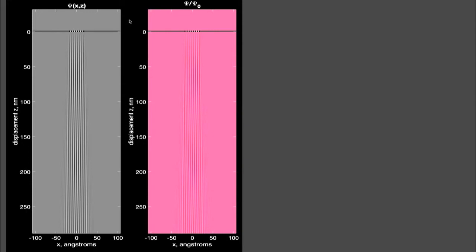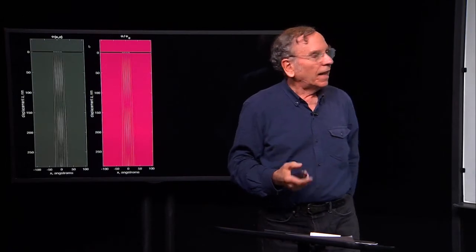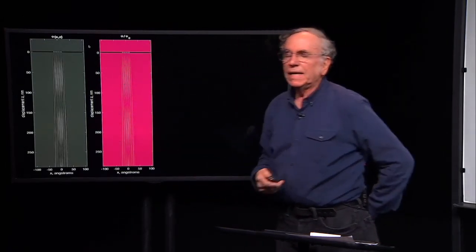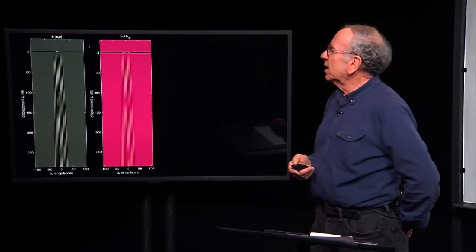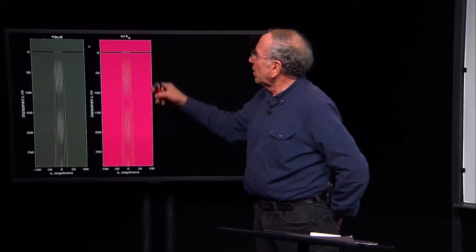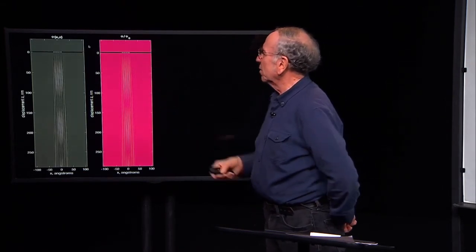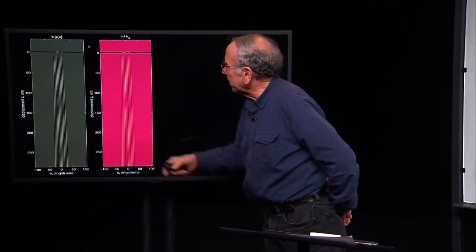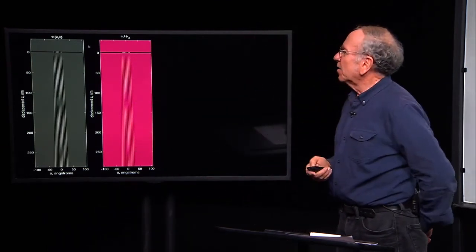And then this is what we get if we divide the entire wave function by the incident wave function. So this is all red. The red means that, in our complex number representation, this is all real value of 1. And here we see a little bit of color in here where some kind of phase changes are happening.